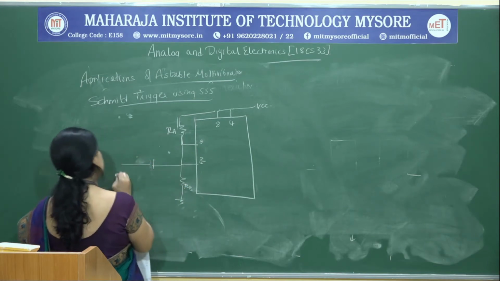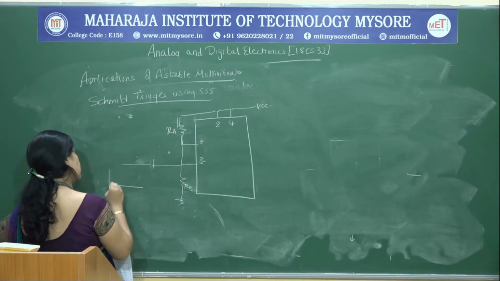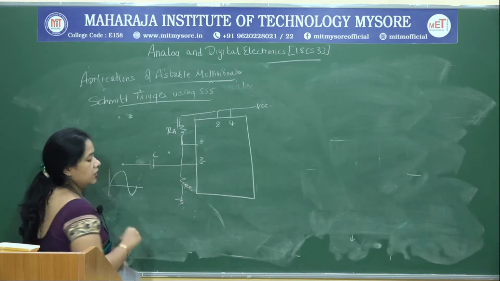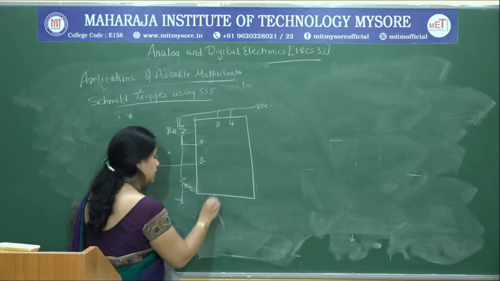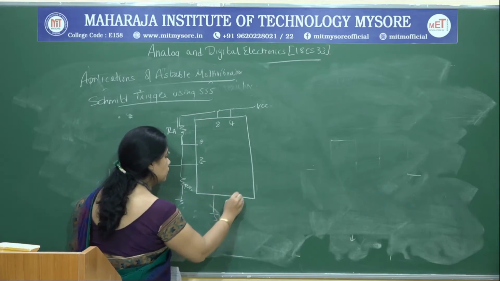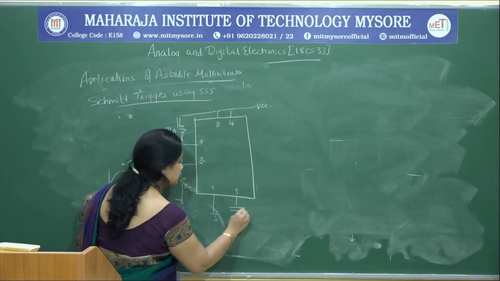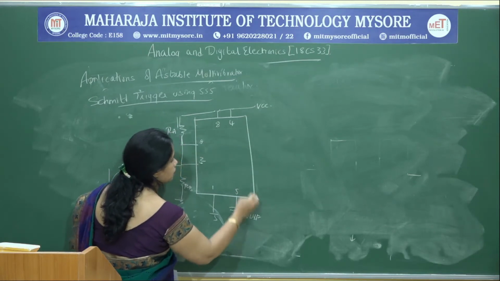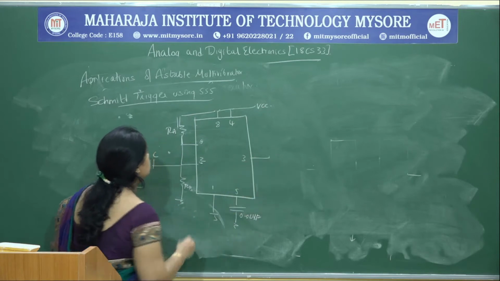I apply the input sinusoidal voltage through the capacitor to the resistance R, and 1 is ground, 5 is control voltage which is kept grounded using a 0.05 capacitor, and 3 is the output.